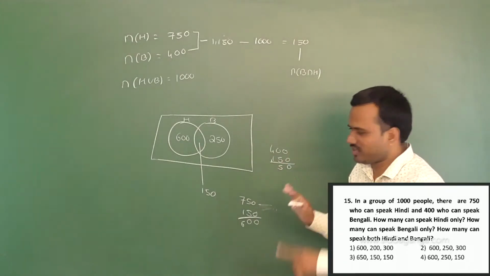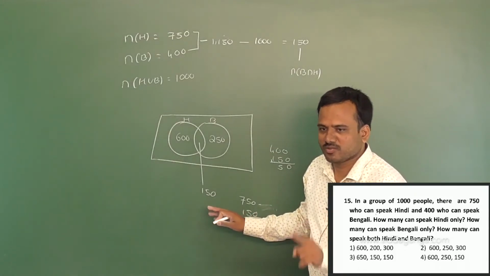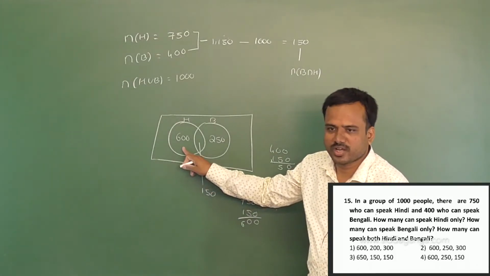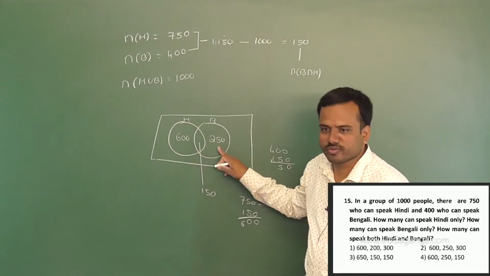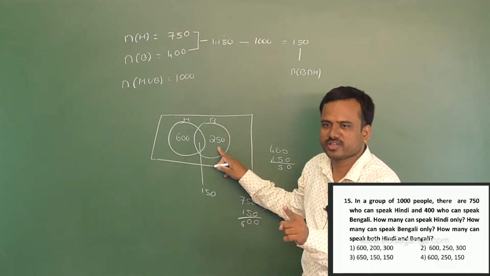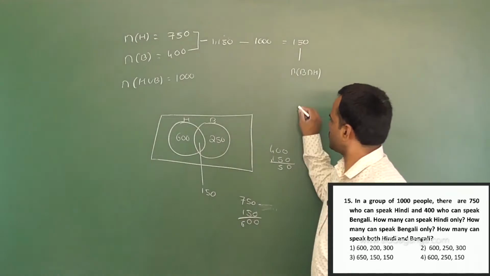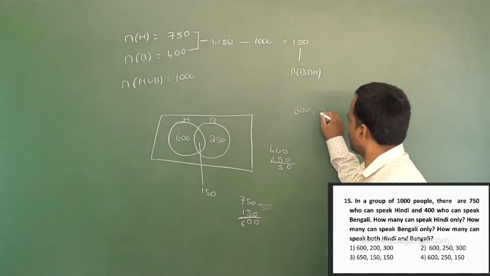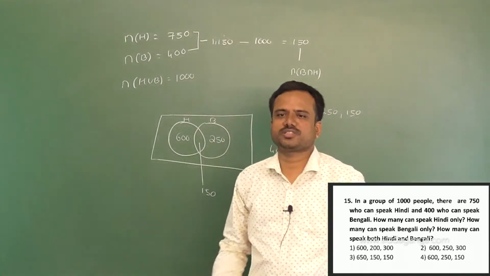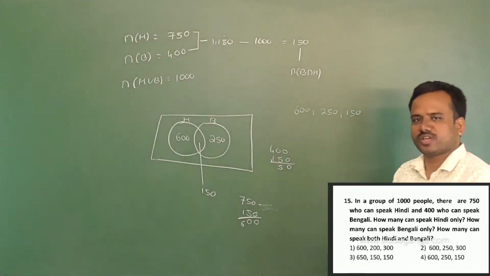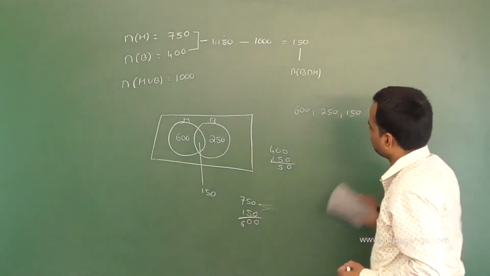For this, the option is the fourth one: 600, 250, 150. So you can solve in the analytical method also. You get the same result. Next question.